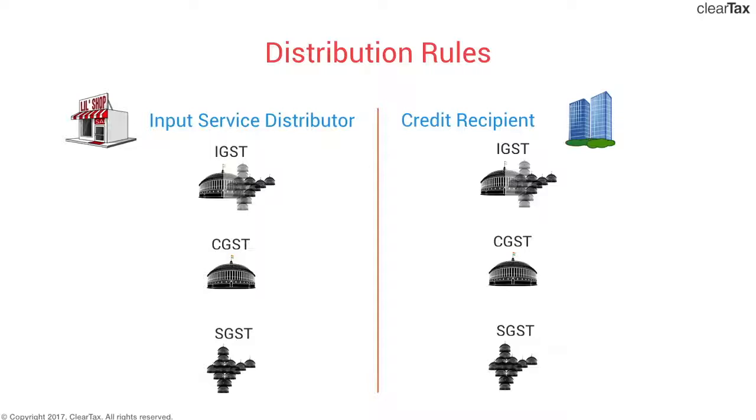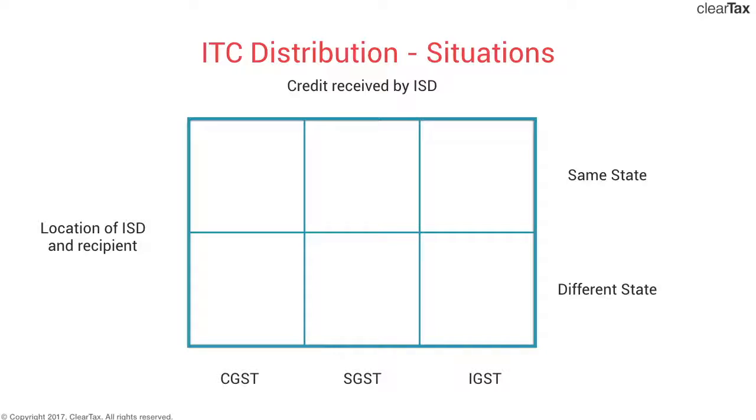The rules are to do with the location of the ISD and the recipient, and what tax which the ISD has received can he transfer, can he credit to what tax. So basically before and after situation and the location. We can draw a 3x2 matrix to understand this better.